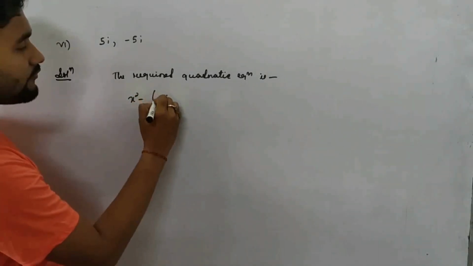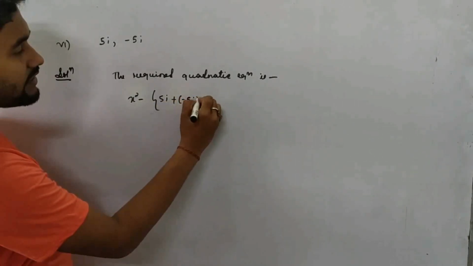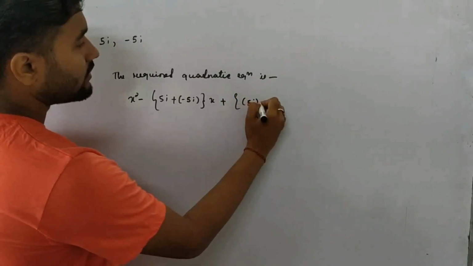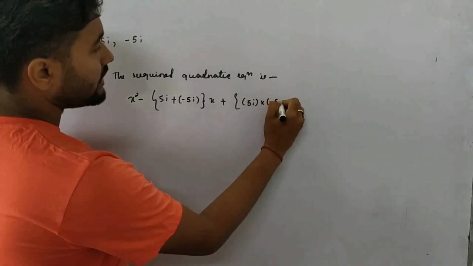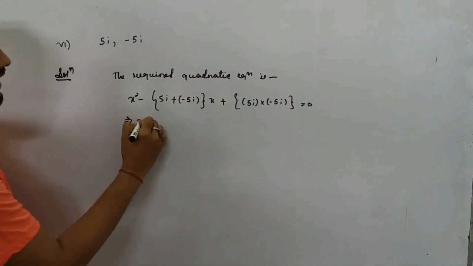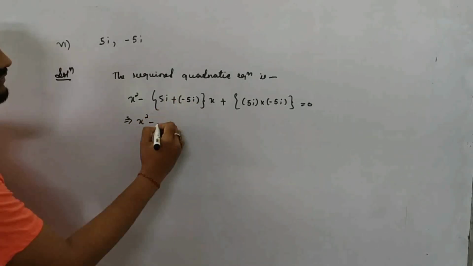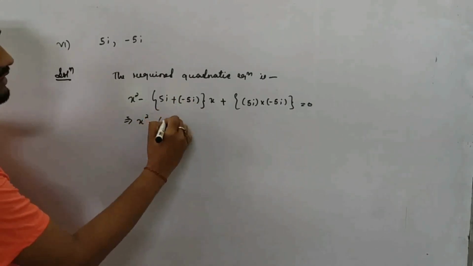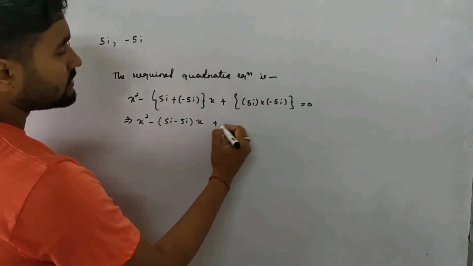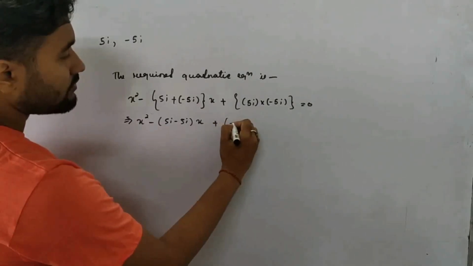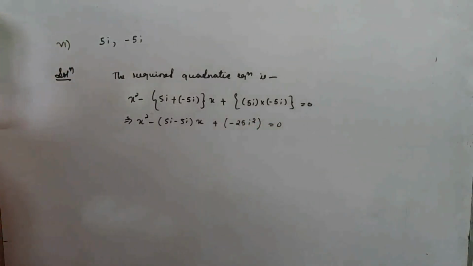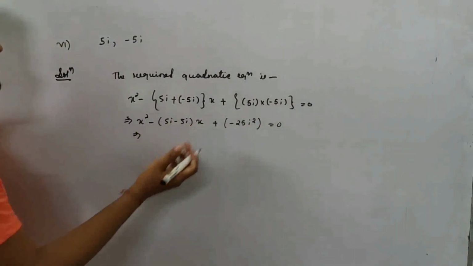So I can say 5i plus minus 5i, x plus 5i into minus 5i, product of the roots, is equal to 0, which implies x square minus... 5i minus 5i cancelled. Plus, minus minus, 5 5s are 25, and then i square is equal to 0. So this is 0. 0 into x, 0, this is gone.